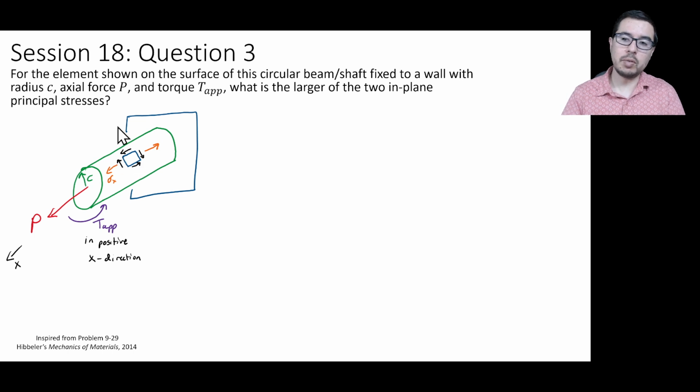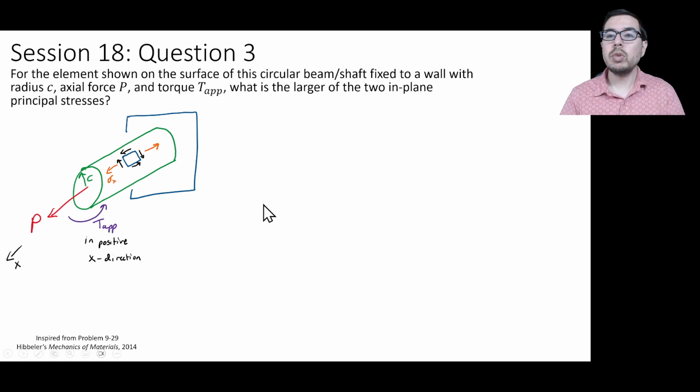If you were to think of an orthogonal direction to x, we'll call it y, and this right side would be a little bit lower, corresponding to this downward arrow here. And the state of stress, if we did not have P on the system, from only T_ap would be essentially one of pure shear. So you see the pure shear elements right there.